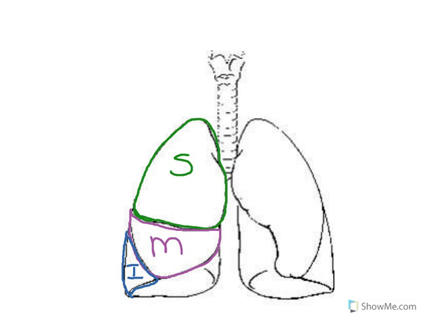Now, what makes this interesting, if I come in with red, and I go between the superior and middle lobes, and I color this in red, this is called the horizontal fissure.